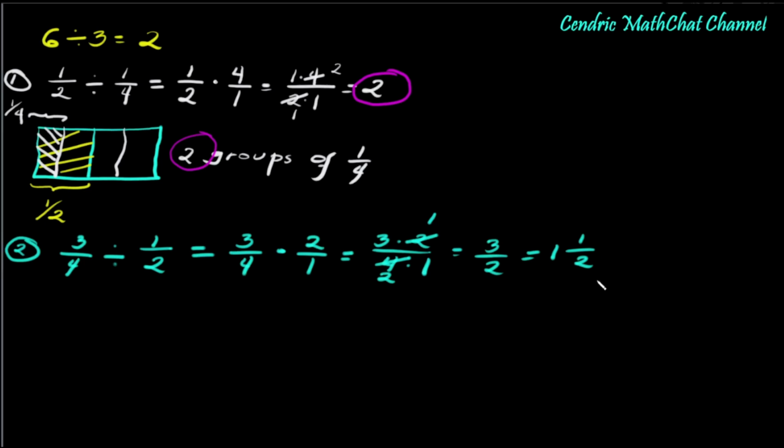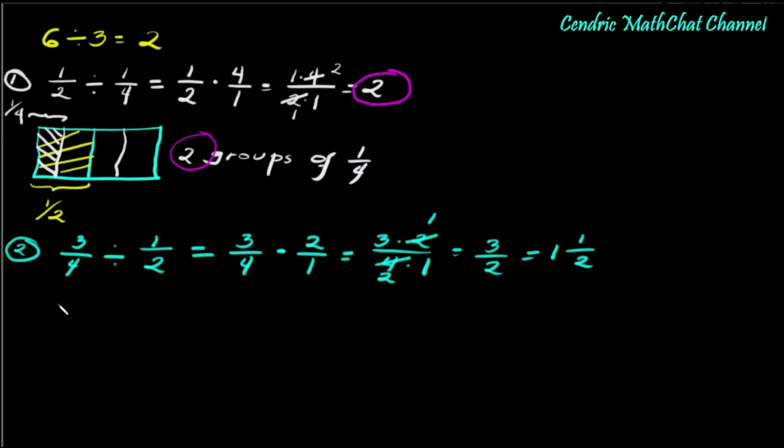Okay? So it's similar po sa ginawa natin sa problem number 1. Let's try to understand the concept behind this. So let's again look into the problem. So it's 3/4 divided by 1/2. So our starting amount is 3/4.